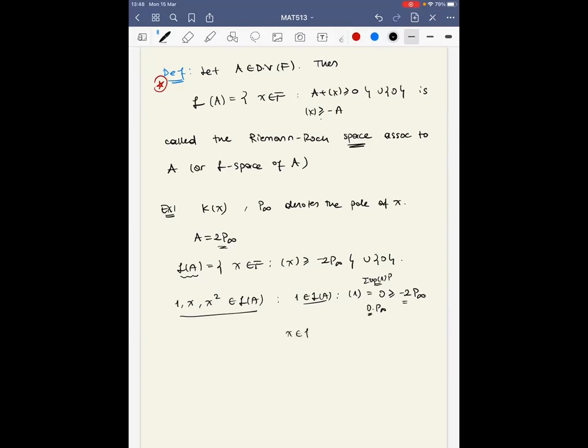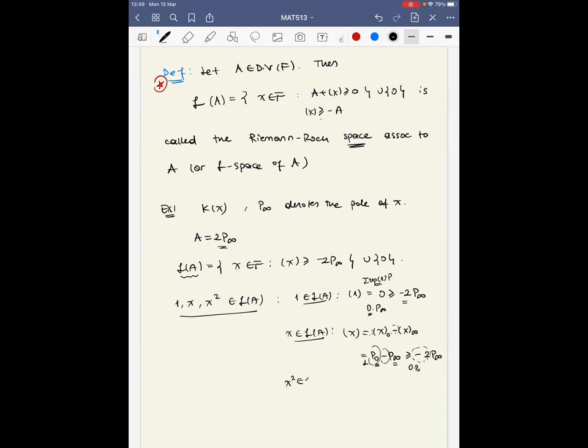And similarly, x is a function in the L space of A, because its principal divisor, which contains its zeros and poles counting their multiplicities, is P0 minus P infinity. This is obviously bigger than minus 2 P infinity, because the coefficients of P0 and of P infinity satisfy the inequality.